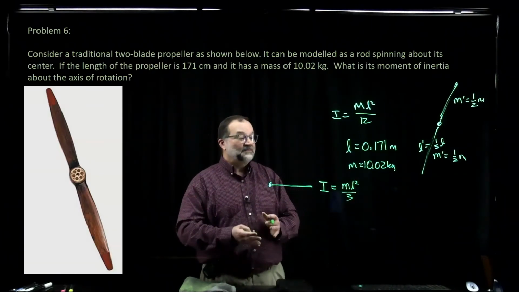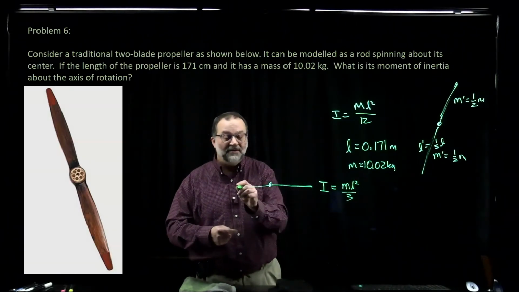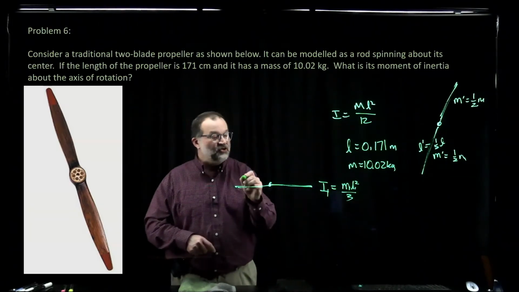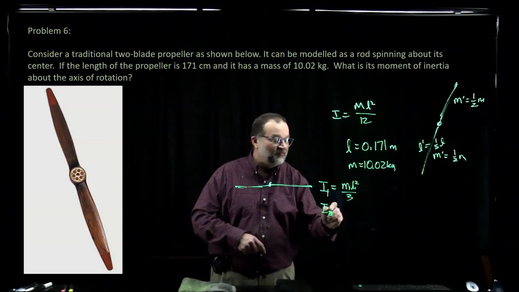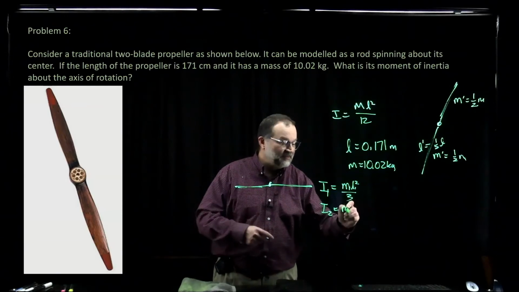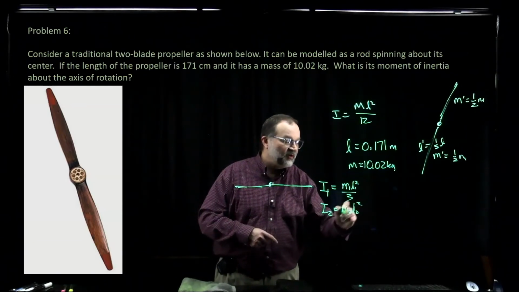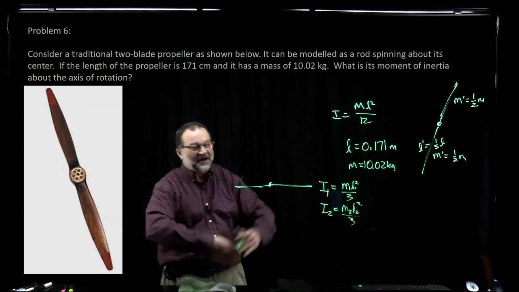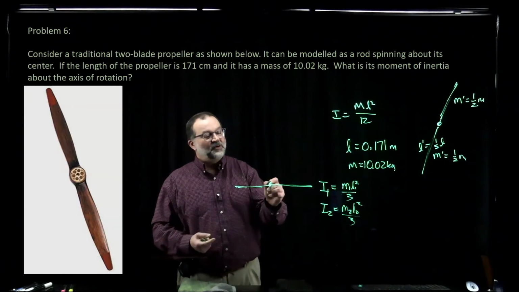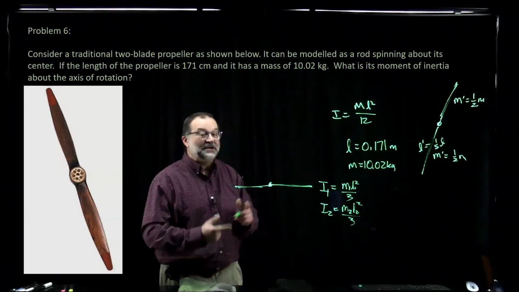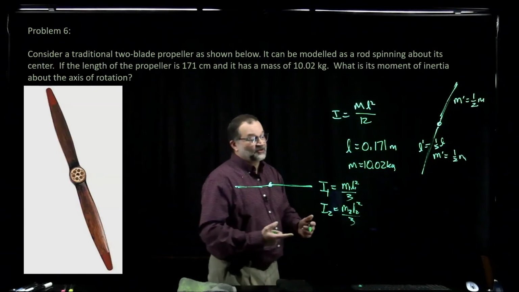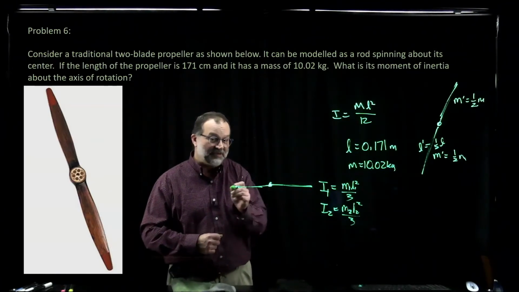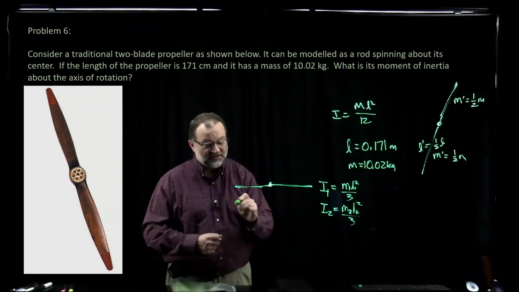And we've got two of them, this is 1, and this is 2. How do you treat a compound object like this? Well, they're both spinning about the same point. We can actually just add their moments of inertia. So the total, if you think of it as a piece going this way and a piece going this way, is just I1 plus I2.